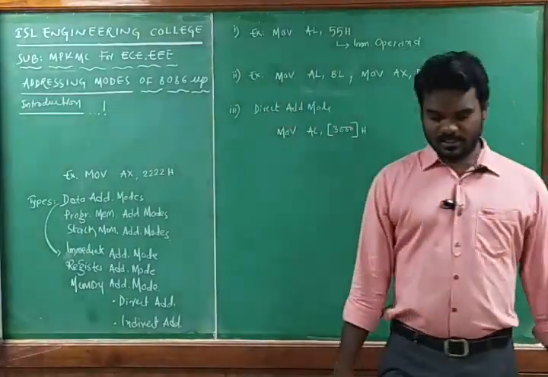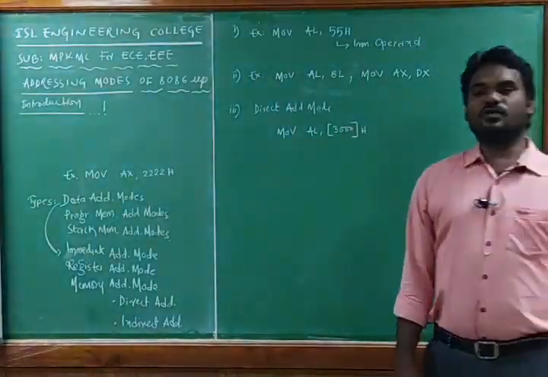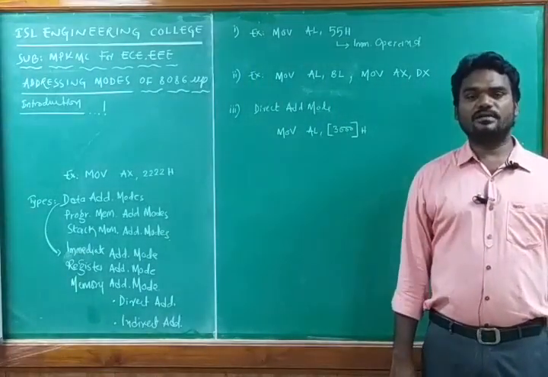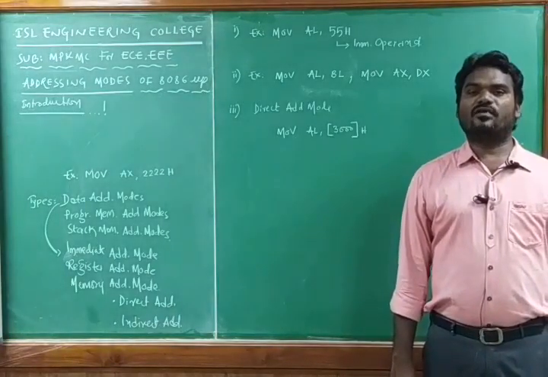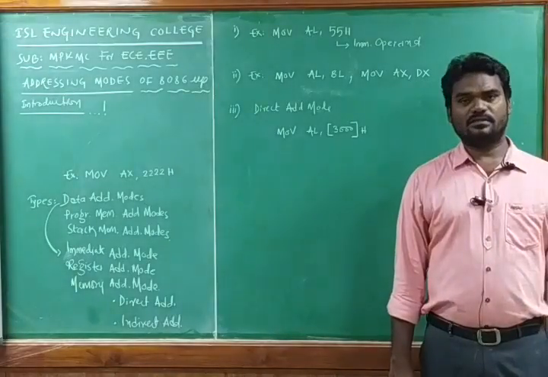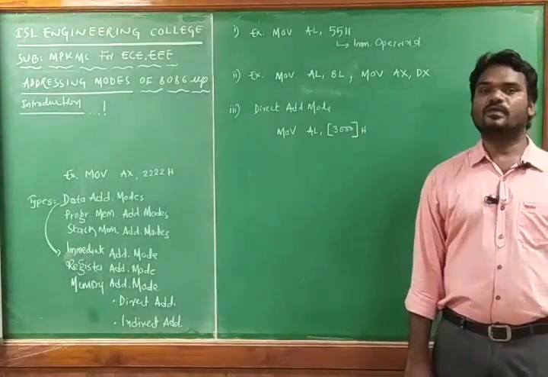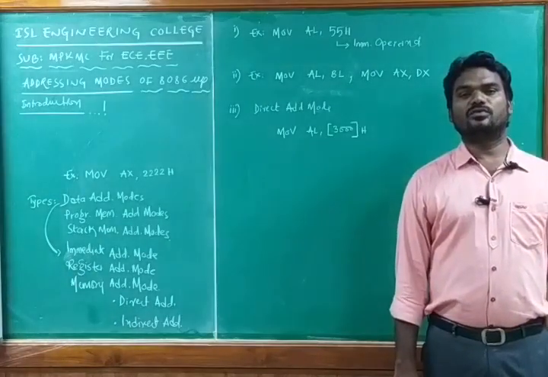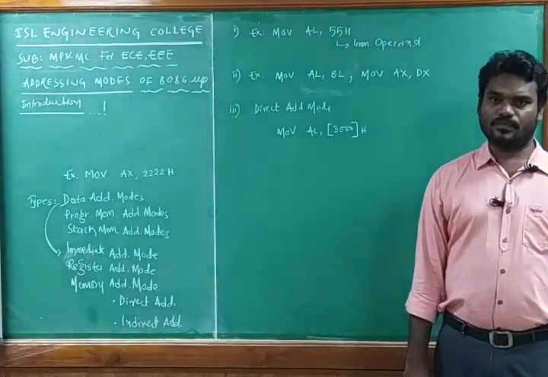Then what is addressing mode generally? As we know that 8086 is a microprocessor which performs some operations on the data using some instructions. That means some of the instructions are going to do some operations on the data.